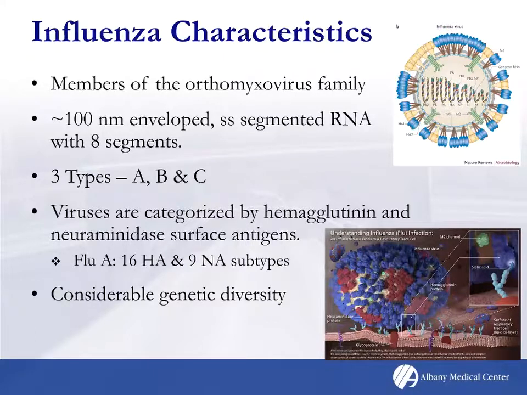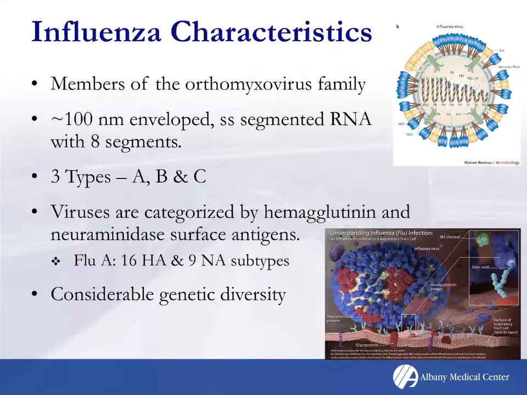There are 3 types of influenza, A, B, and C. And influenza A's are categorized by the hemagglutinin and neuraminidase antigens. And actually, after listening to this morning's talk, there are actually 18 HA types and 11 NA types because there's 2 new viruses discovered in bats.